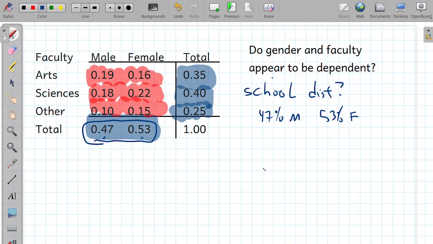Well, I'm going to say anything 3 percentage points or more is different. That's a judgment call on my part, and if you have to do something like this, it'll be a judgment call on your part, because you're very unlikely to get exact. So let's look at arts.